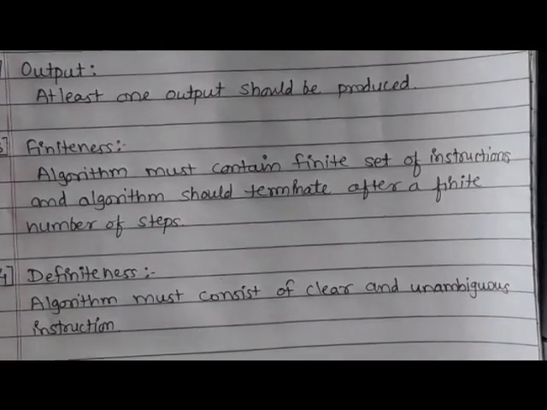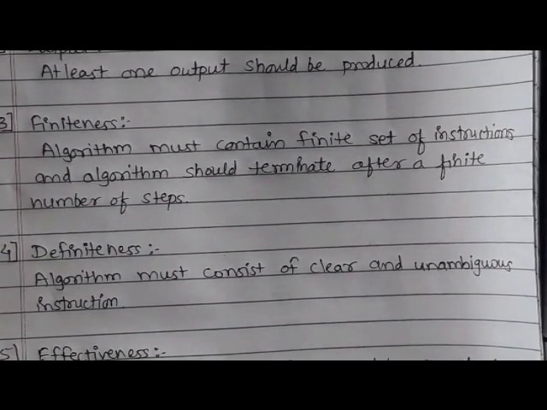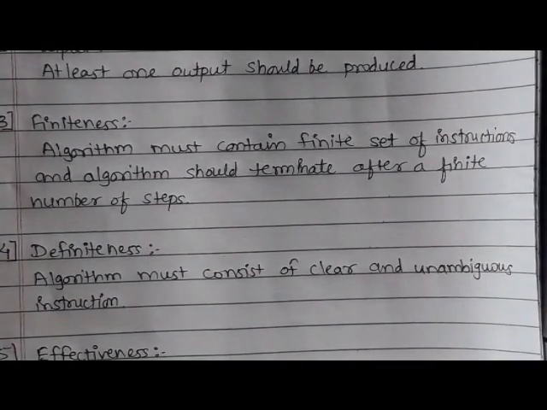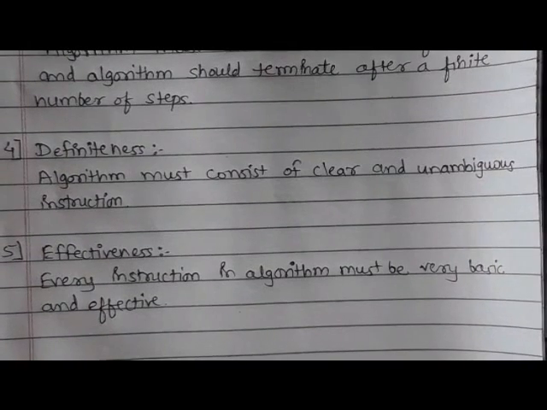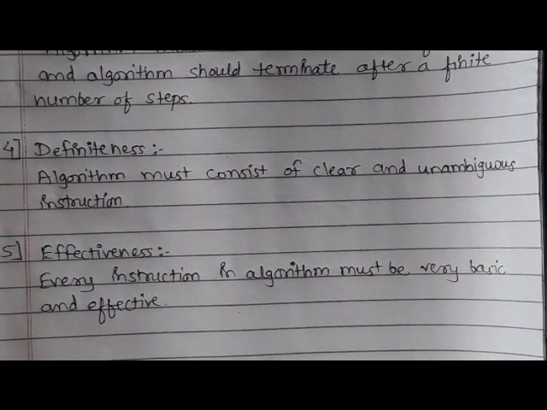It must contain a finite set of instructions and terminate after a finite number of steps. The next characteristic is definiteness. The algorithm must consist of clear and unambiguous instructions. And the last characteristic is effectiveness. Every instruction in an algorithm must be very basic and effective.